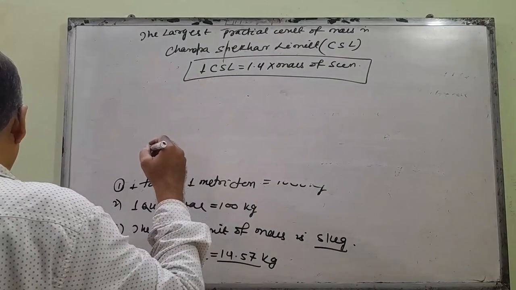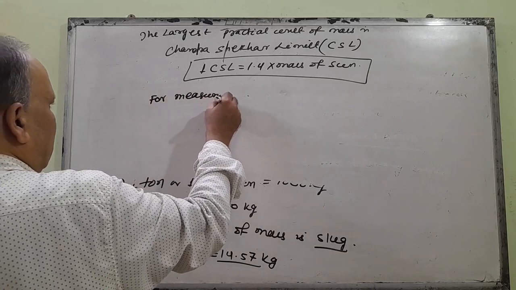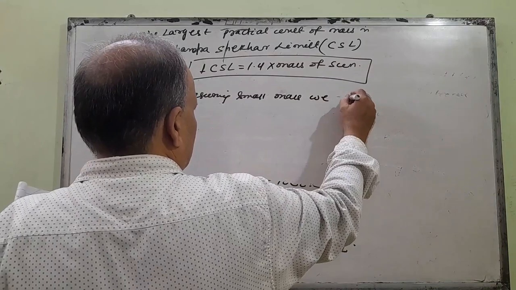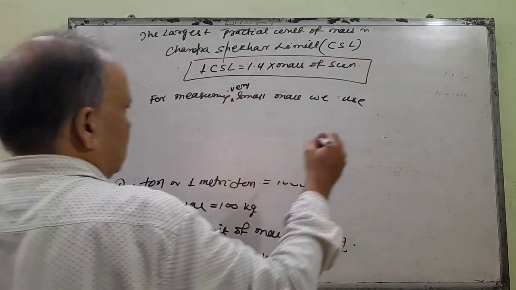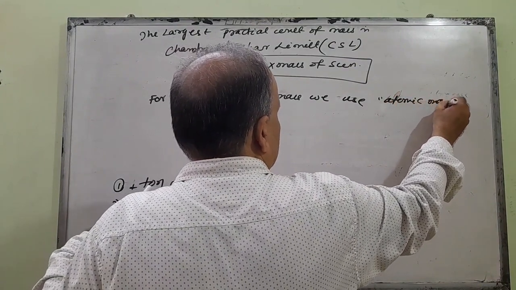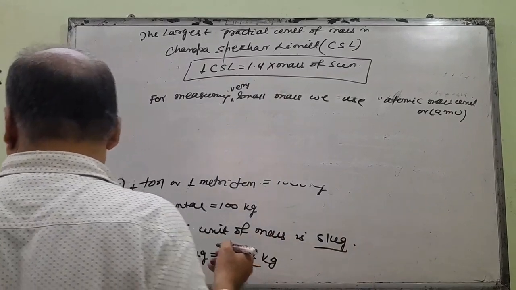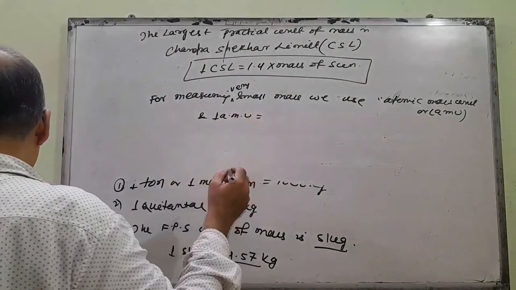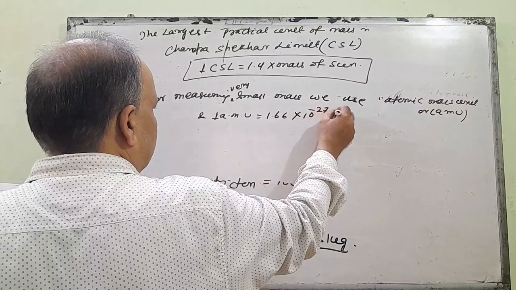Next, for measuring very small mass, we use the atomic mass unit, or we can say AMU. 1 AMU is equal to 1.66 into 10 to the power minus 27 kg.